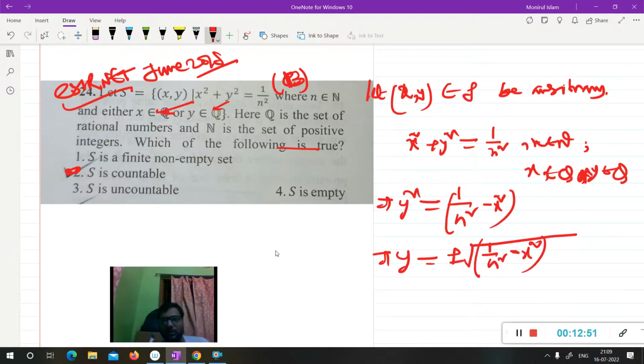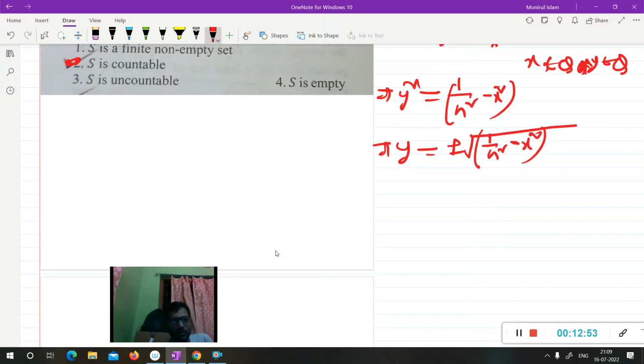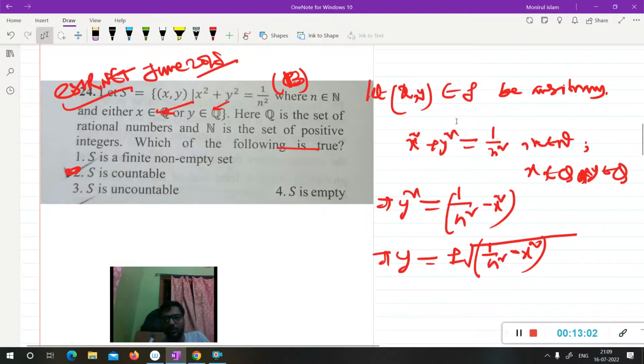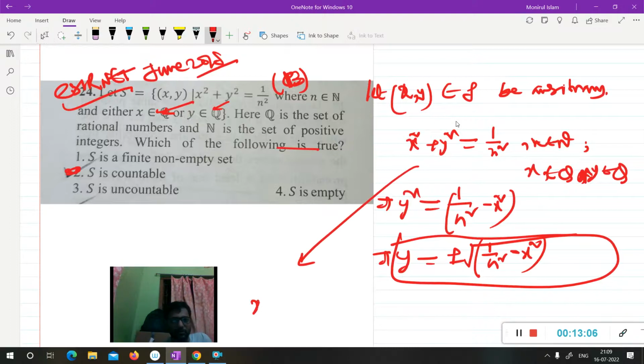Similarly, from this expression you can get x in terms of y, which is plus minus root under 1 upon n square minus y square.